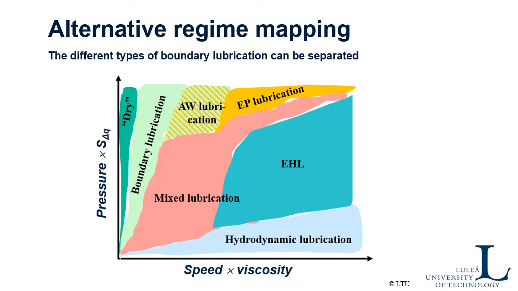This is a kind of a PV diagram also. Here you have pressure multiplied by the mean slope surface roughness parameter. The pressure is the nominal pressure, and we also know that the higher the slope of the asperity is, the higher the pressure. So in this direction we have something like local asperity pressure.